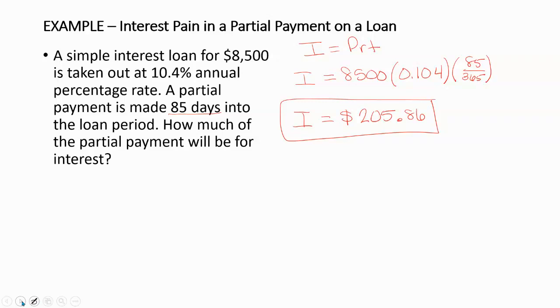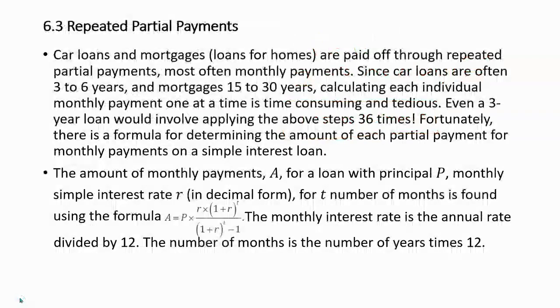So this next topic is where I thought I was just a second ago, thinking I was doing it completely wrong. When we're thinking about repeated partial payments. So these repeated partial payments are where we're doing something like a car loan or a mortgage or anything that we make regular scheduled payments.